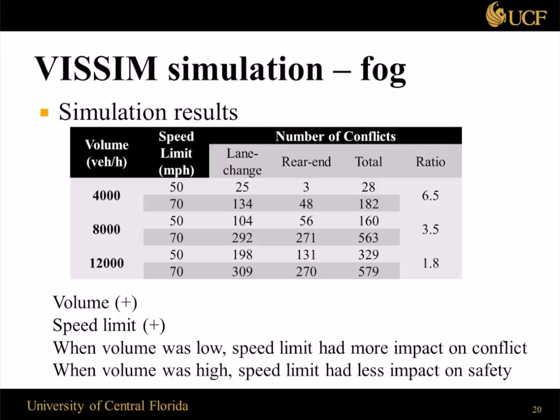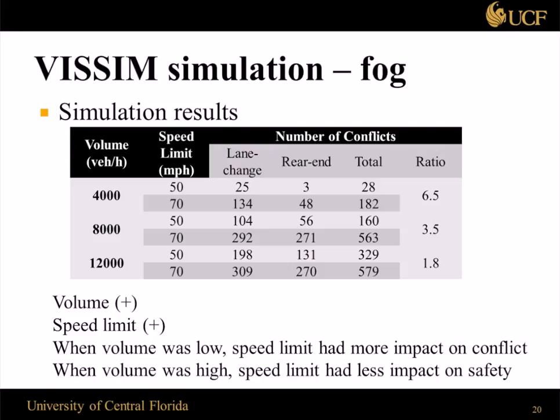So when the volume is low and the segment is under fog condition, maybe decreasing the speed limit is a very effective way to improve the safety of the segment.